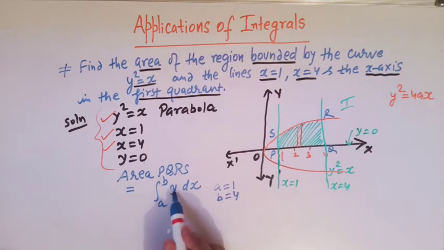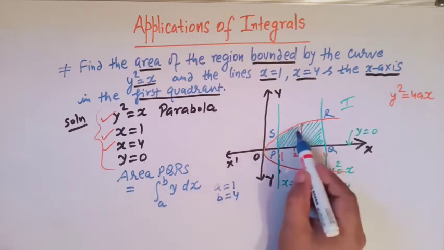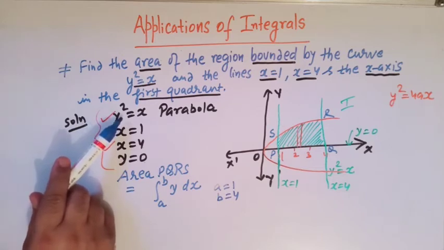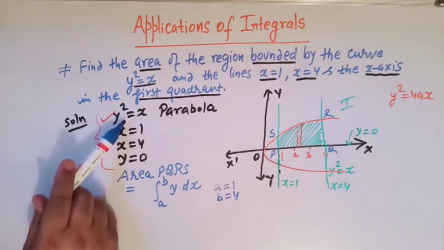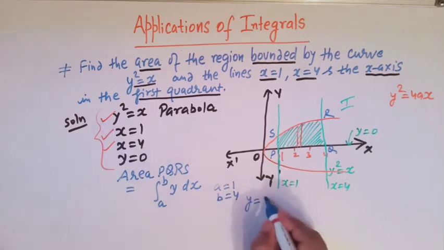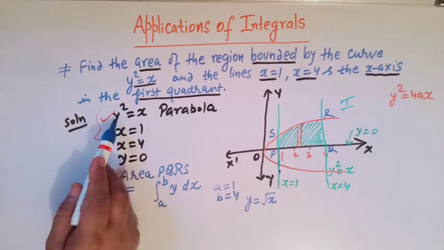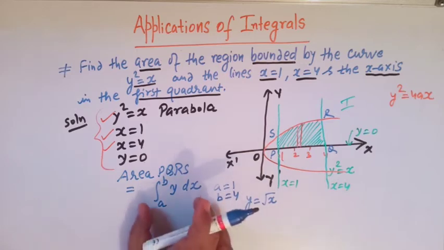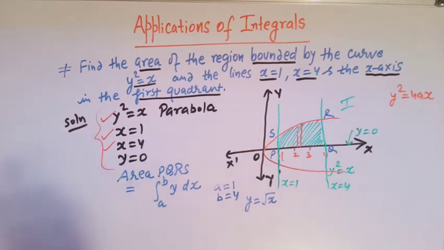And the value of y will be taken from the equation of the parabola, right? So the value of y is square root of x. Clear? Because y square is x, so y is equal to square root of x. Now we substitute this value in this integral.